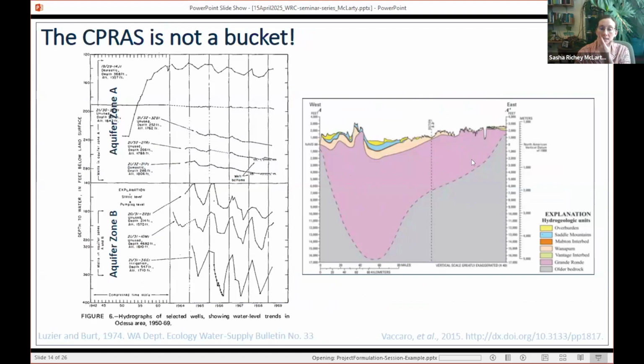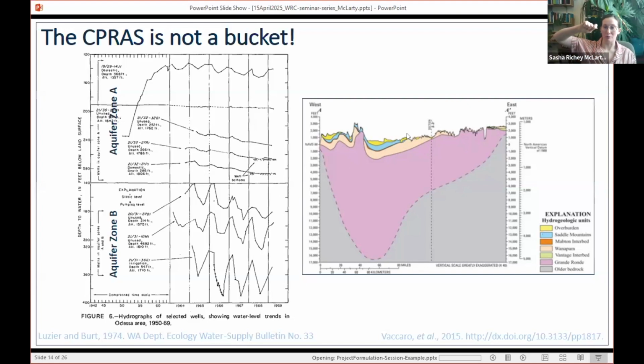This is a cross-section toward the center of the Columbia Plateau system. And then we have the Wanapum layer here. The light blue is the Saddle Mountains. And then the overburden is much shallower. It's thinner as a layer vertically and less spatially extensive than any of these other layers.